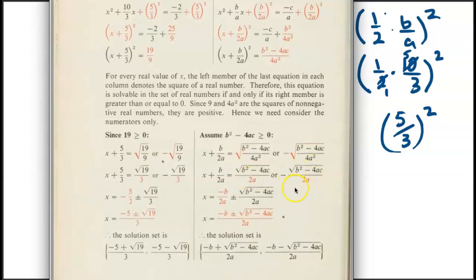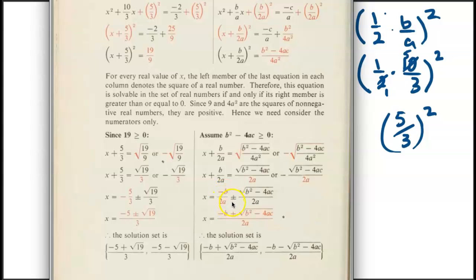So now, with these, a positive and a negative expression, let's just combine them and do the plus minus here. We have negative 5/3, or that 5/3 from the left is moved to the right, negative 5/3, plus or minus square root 19/3. Now over here, the b over 2a is moved to the other side of the equal sign, negative b over 2a.